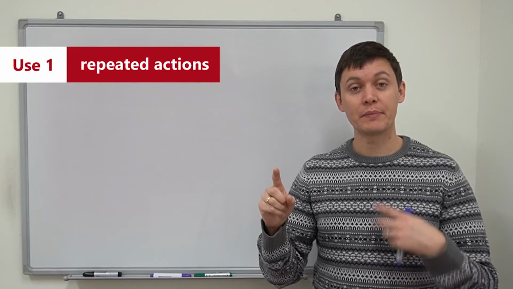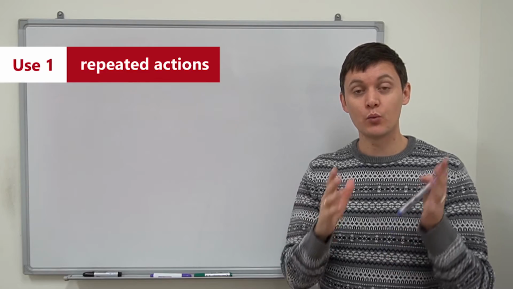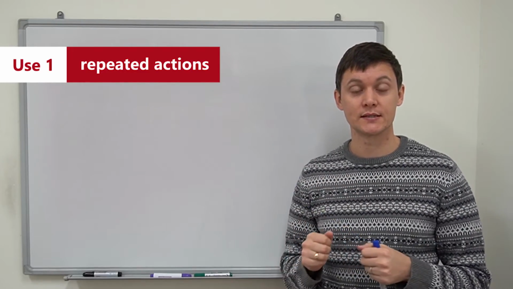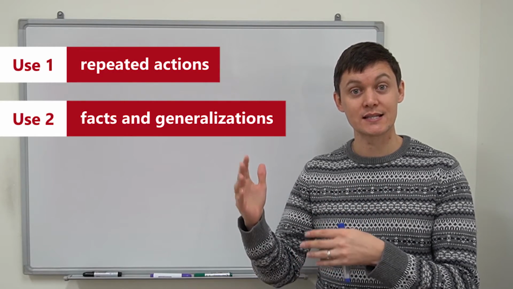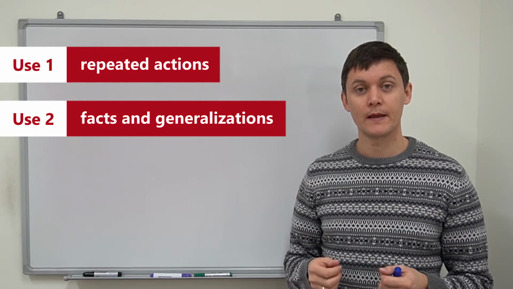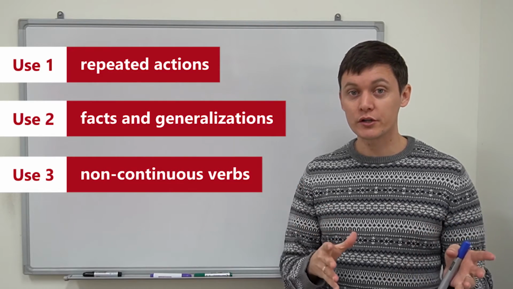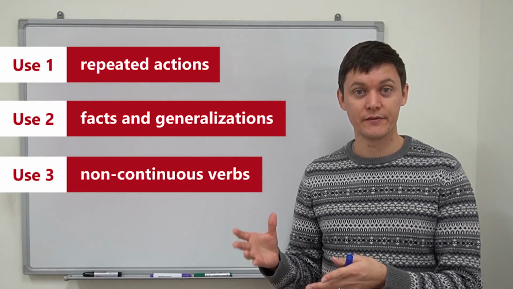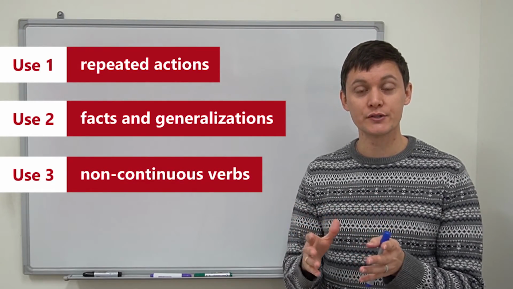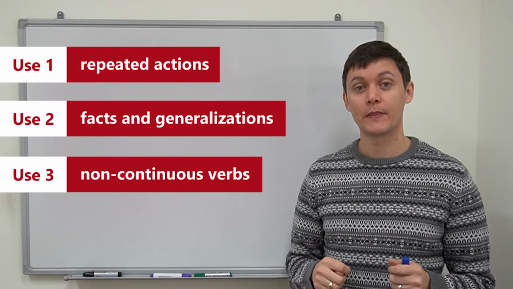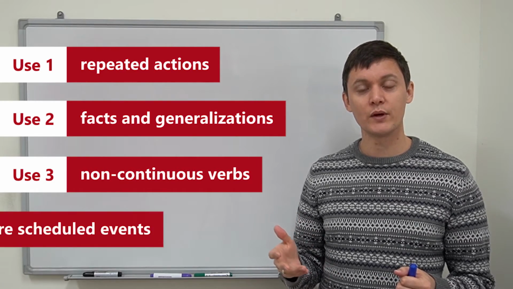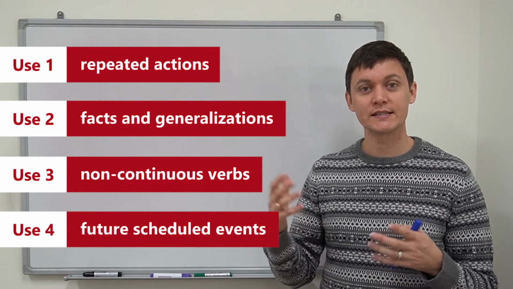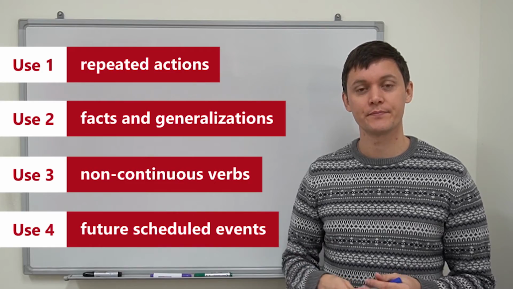Number 1 are repeated actions, which can be work, habits, or hobbies. Number 2 are facts or generalizations, things that are generally true. And number 3 were non-continuous or stative verbs which can't be used in the ing form, so we have to use the present simple. Finally, we learnt the advanced use, which was scheduled events in the future.